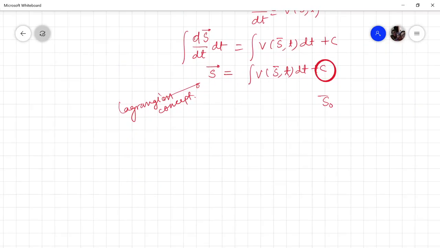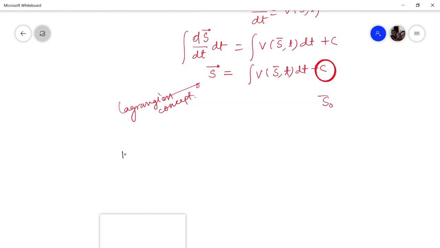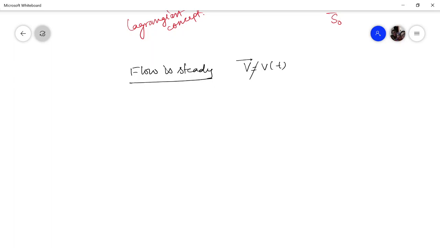One more thing: when the flow is steady, the velocity ceases to be a function of time. Let us say I have a streamline, and I mark some points on it; the tangents at these points give the velocity vectors. Now let us say a particle arrives here.